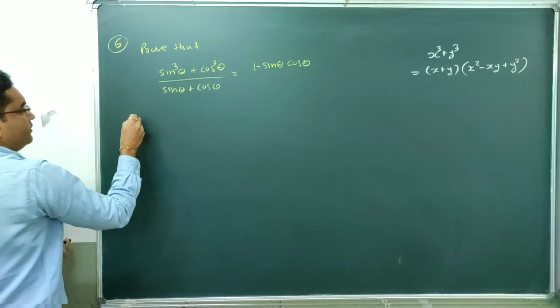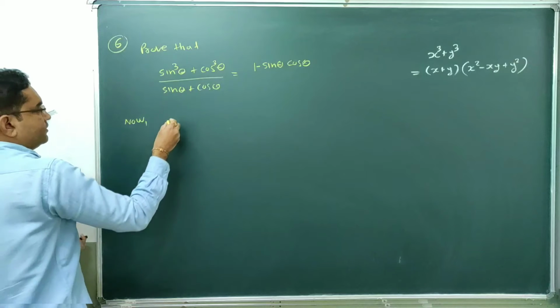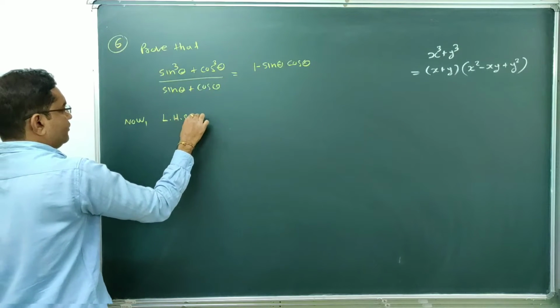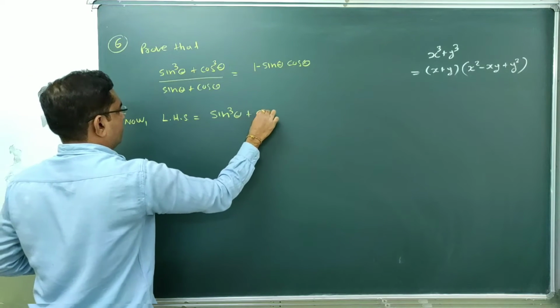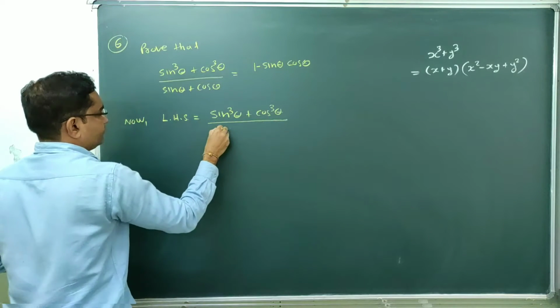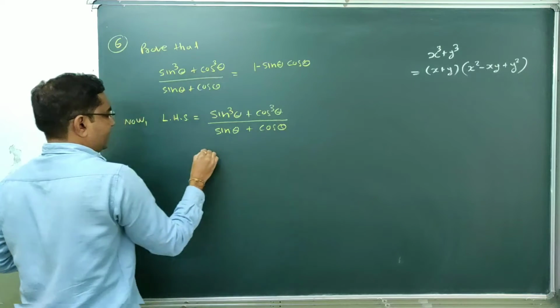So here it's sin cube theta plus cos cube theta. So let's start with the left hand side of this equation, which is sin cube theta plus cos cube theta divided by sin theta plus cos theta.